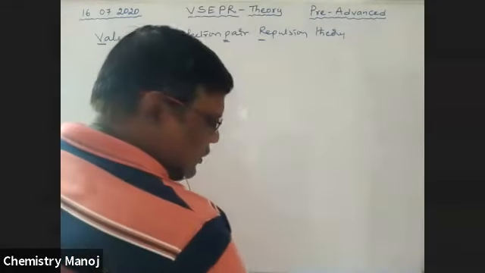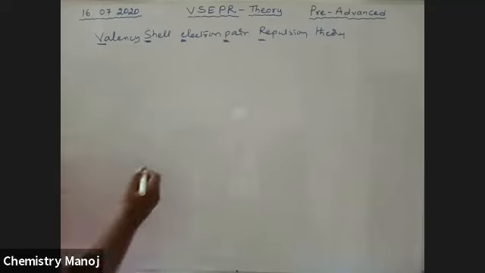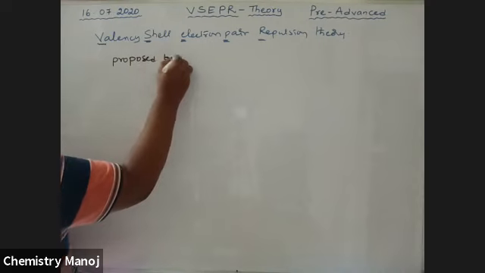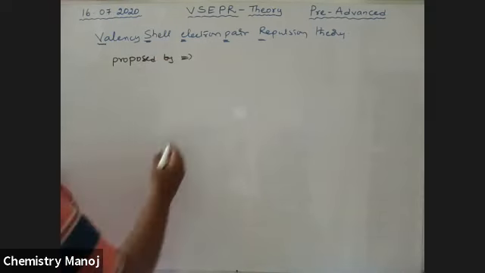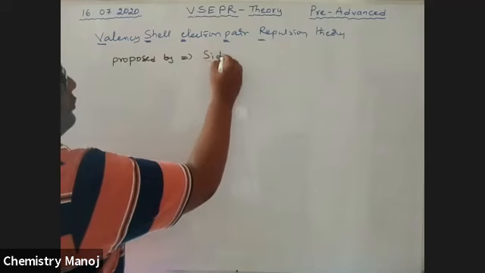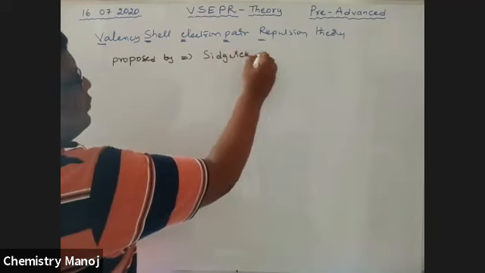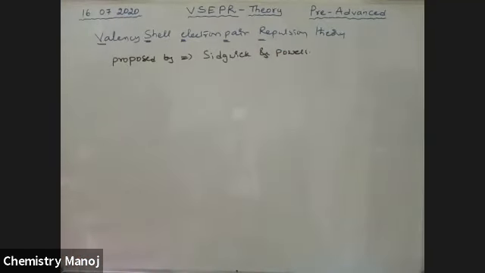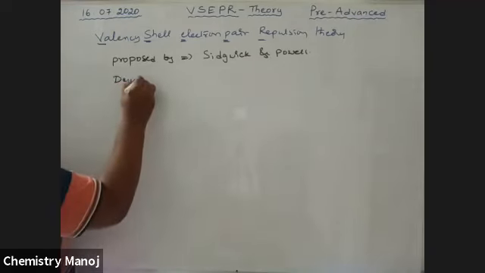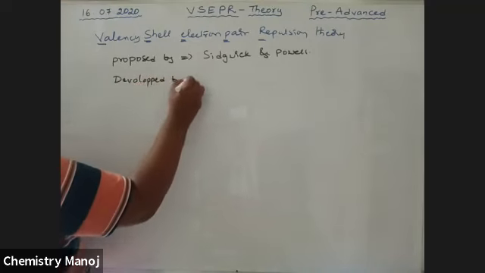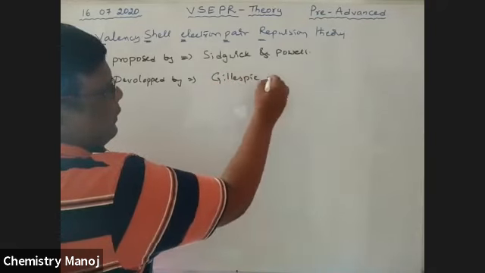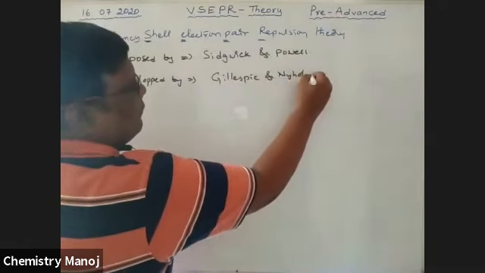So who proposed this VSEPR theory? This theory was proposed by Sidgwick and Powell, and it was developed by Gillespie and Nyholm.